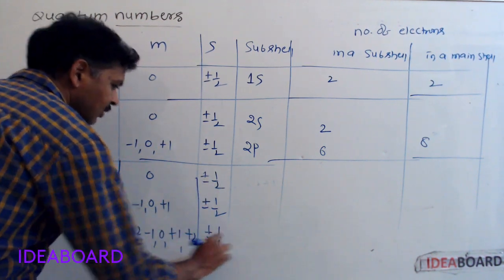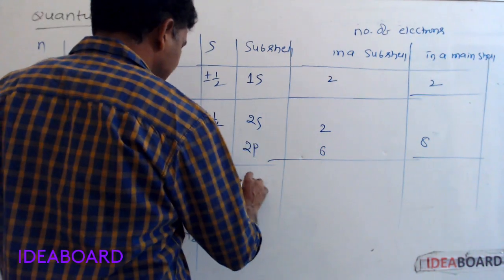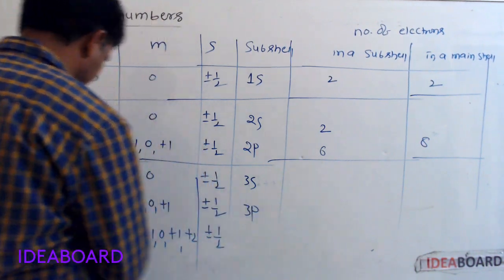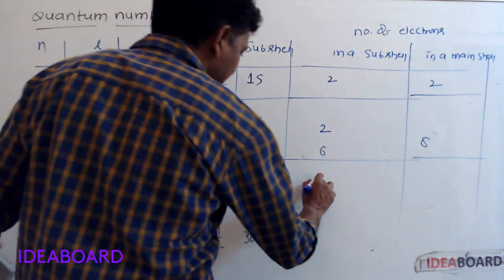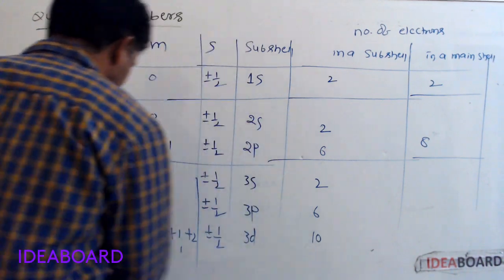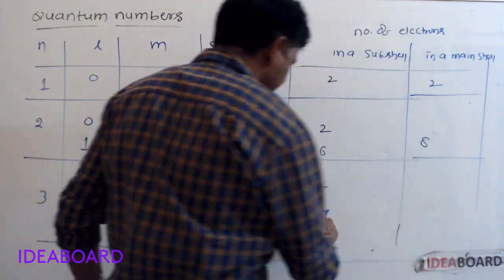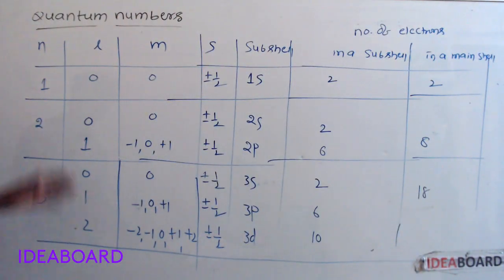S value is plus or minus 1 by 2 in each case. For these sets of values, the subshells are 3s, 3p, and 3d. This 3s can accommodate 2 electrons, 3p 6 electrons, and 3d 10 electrons. Then the total is 2 plus 6 plus 10, 18 electrons. This is the summary of the 4 quantum numbers.